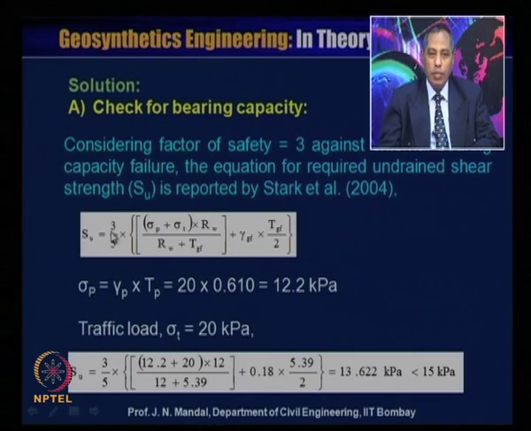Su will be equal to 3 by 5 into sigma P, where sigma P is the normal stress applied by the pavement at the top of the embankment, in kilopascal, and sigma T is the normal stress applied by traffic surcharge at the top of the embankment, in kilopascal, and RW is the width of the road, plus T GF, the thickness of the geofoam.